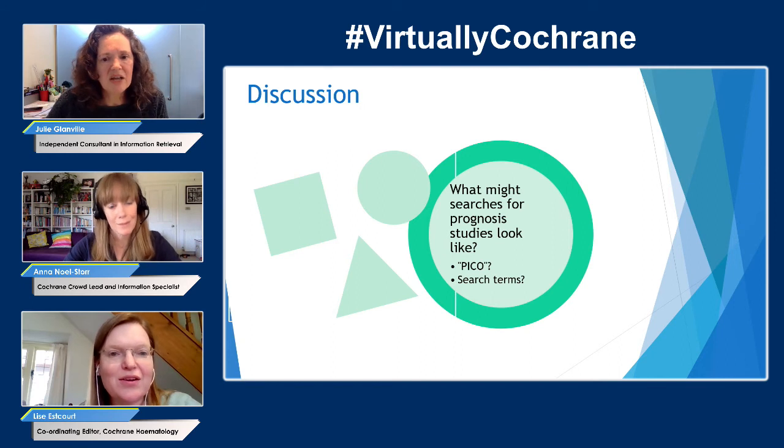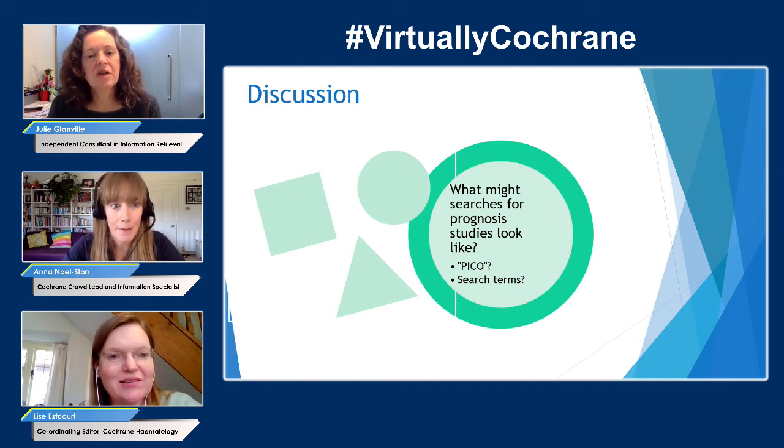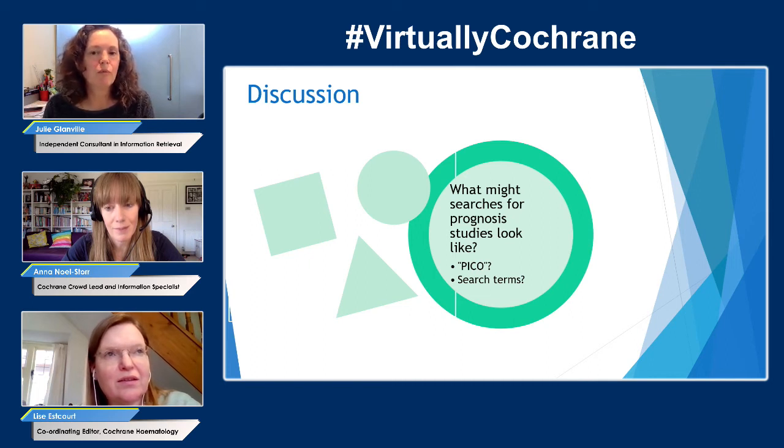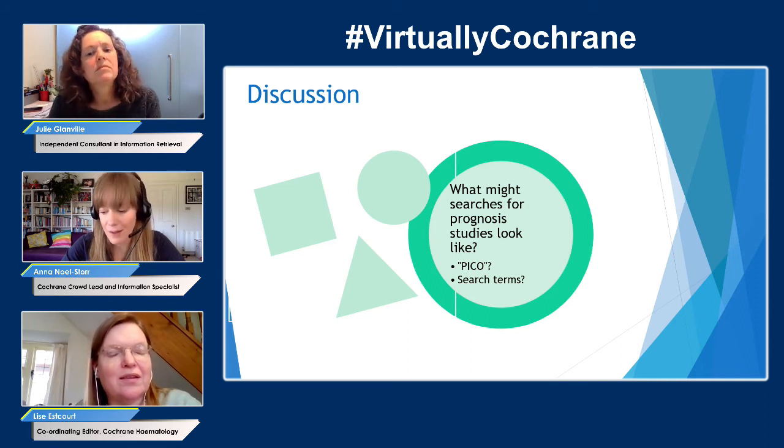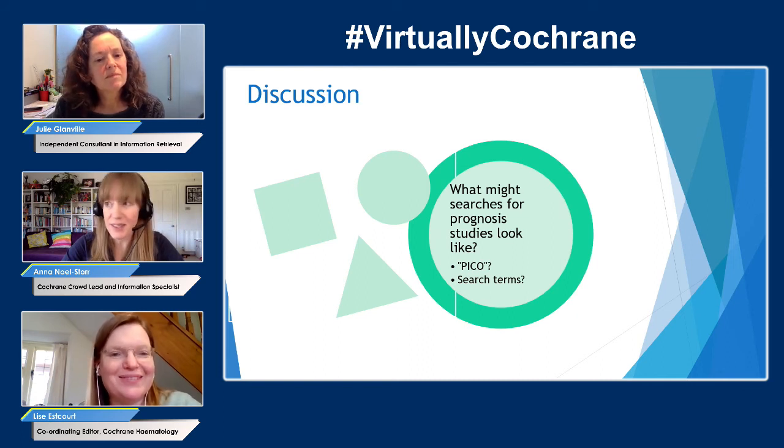Lise and Anna, what do you think are the most common of those four types of reviews in your experience? What might people be encountering most frequently? Probably what are the easier ones that people might do first? I think that's quite a difficult question to answer.